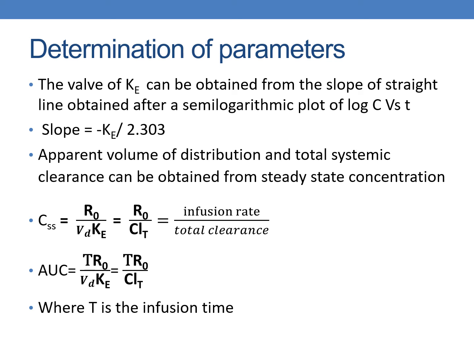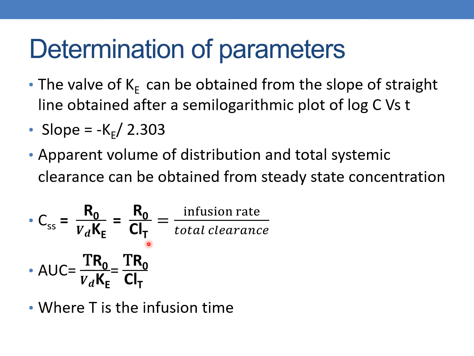Here slope is equal to minus Ke by 2.303. Similarly, the apparent volume of distribution and total systemic clearance can also be obtained from the steady state concentration from these equations. Css is equal to R0 by Vd into Ke. And similarly, total clearance can be determined by Css is equal to R0 by total clearance.